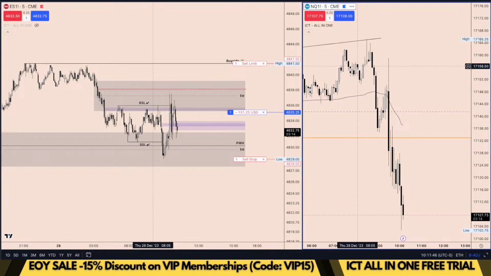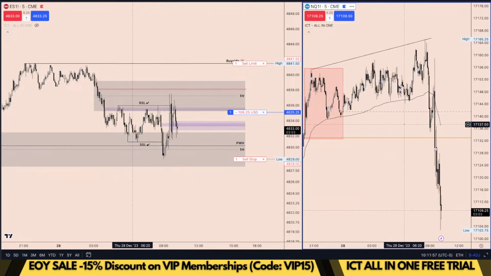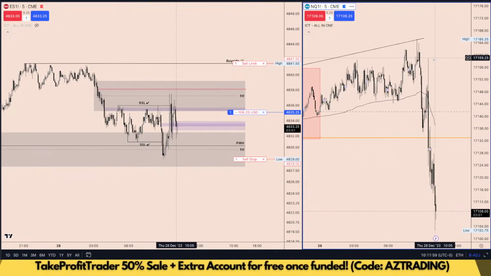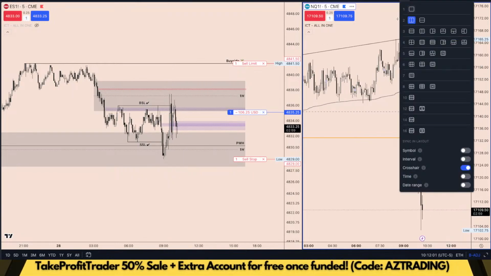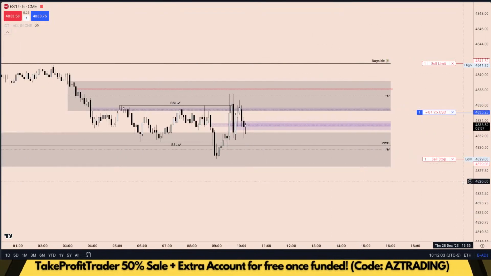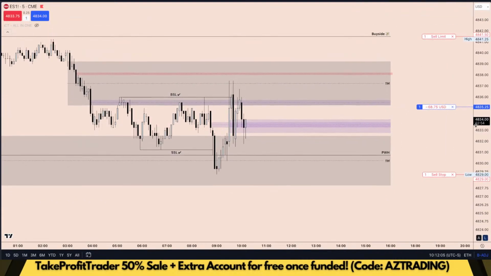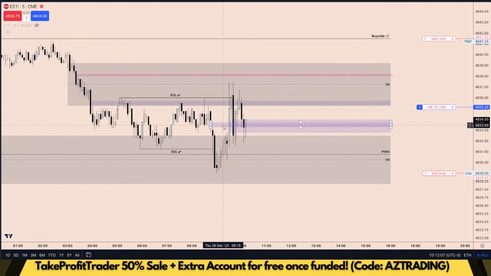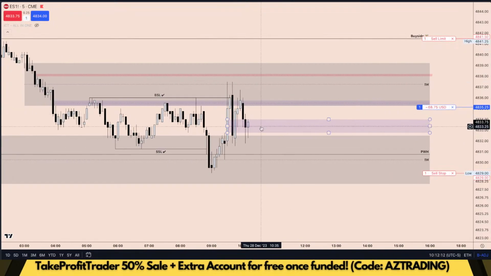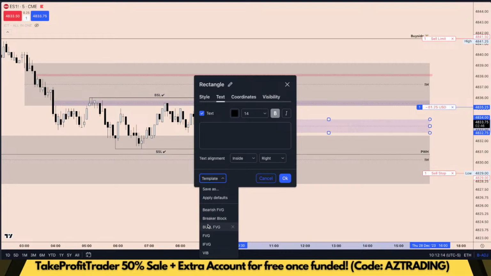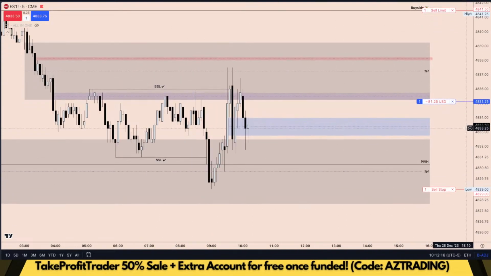Higher high, higher low, higher high, market structure shift, fair value gap, breaker block. 9:30 with some volatility here with this wick, but stop above the high and you shouldn't have any issues. We don't need that anymore, but I'm gonna leave this fair value gap on here. I'm gonna leave it as a bullish fair value gap until we close below it.